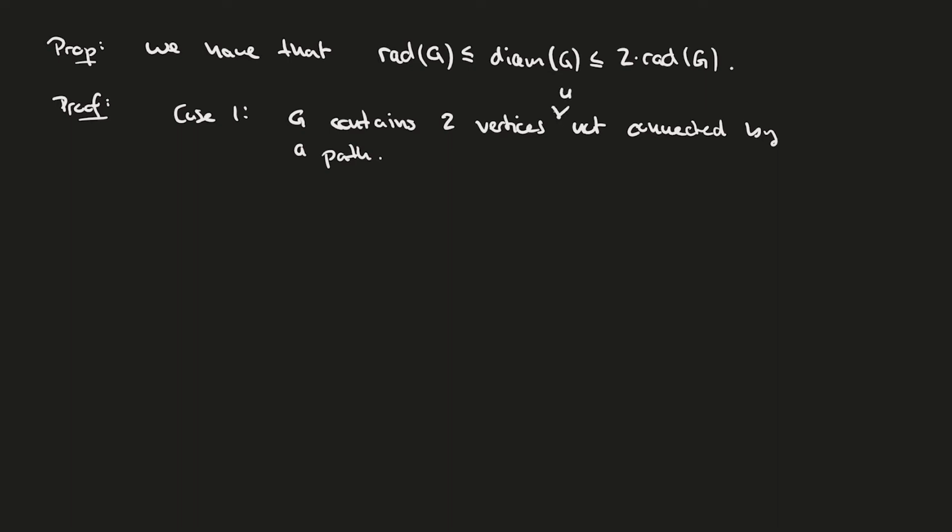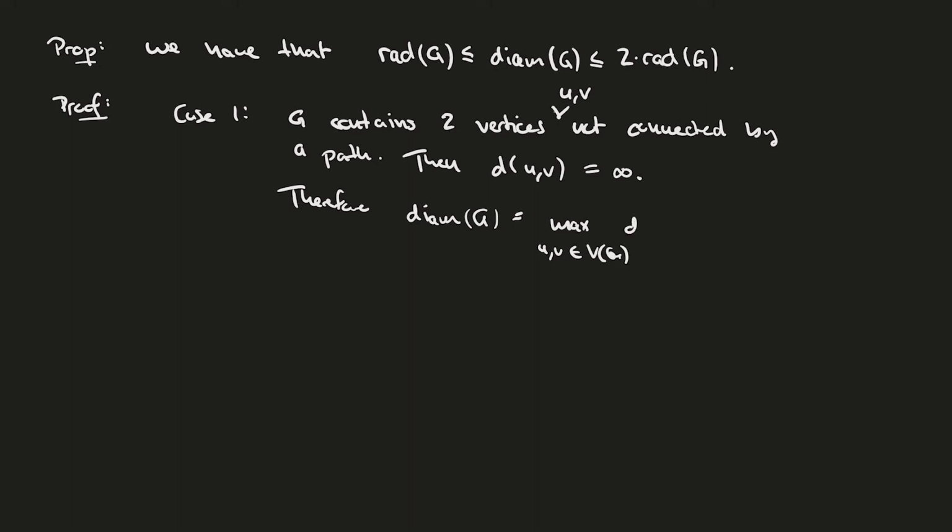If we call these vertices u and v respectively, then the distance between u and v is infinite by definition, and therefore the diameter of G, which is the maximum over all vertices u and v in the vertex set of G of their respective distances, will also be infinite.